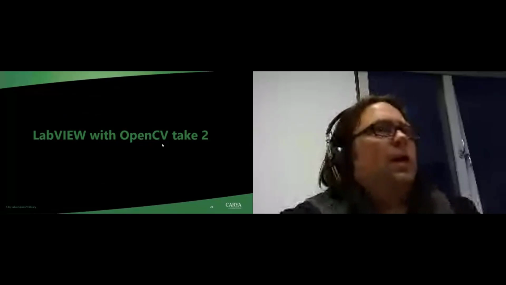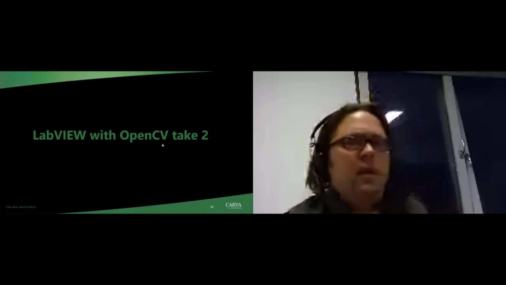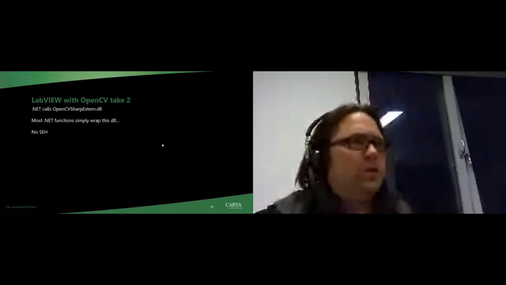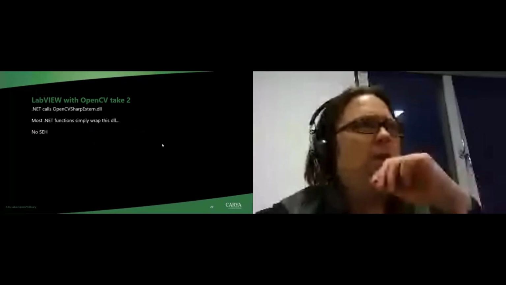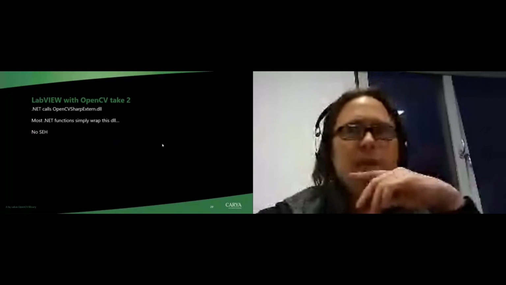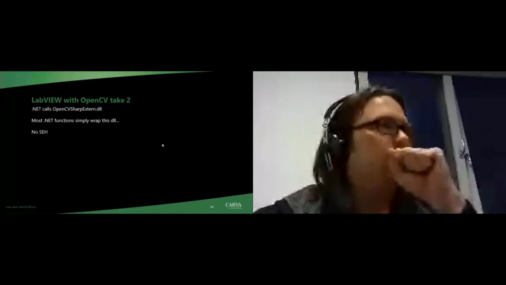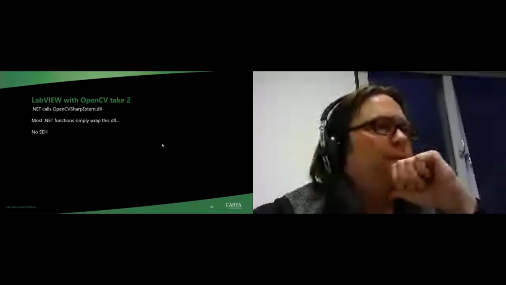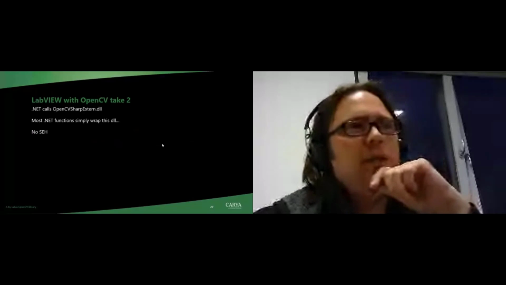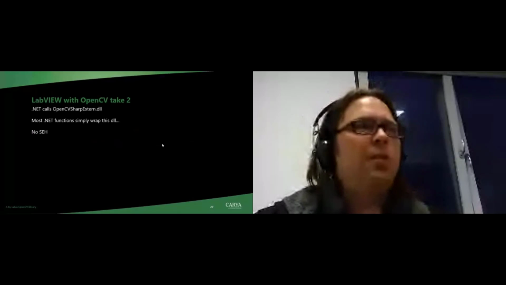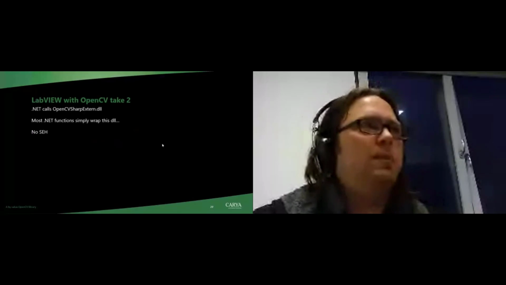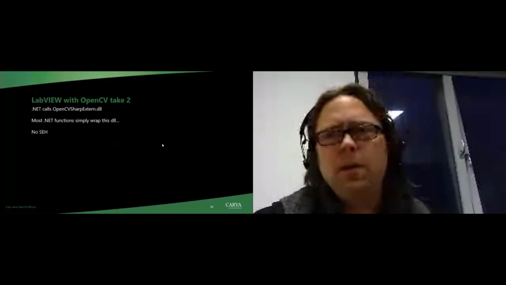So my second take, I found out that OpenCV Sharp uses an external library, and this library seemed very close to OpenCV functions, the native OpenCV functions. And it turns out that the OpenCV Sharp functions basically are wraps around the OpenCV Sharp external DLL.